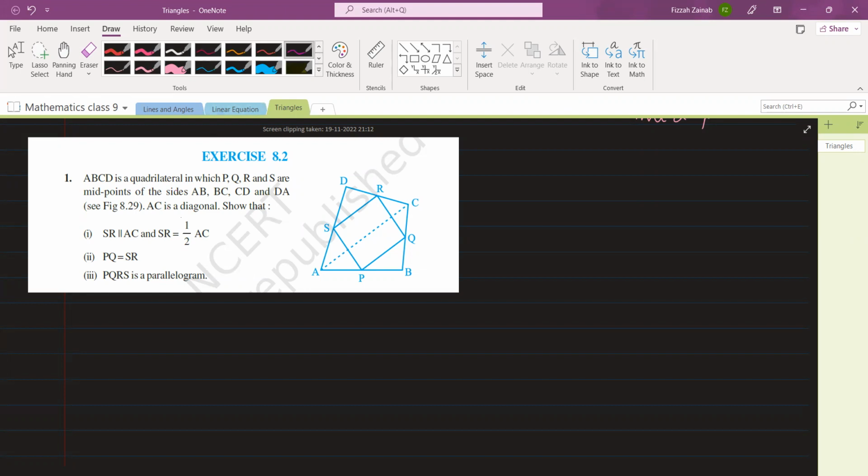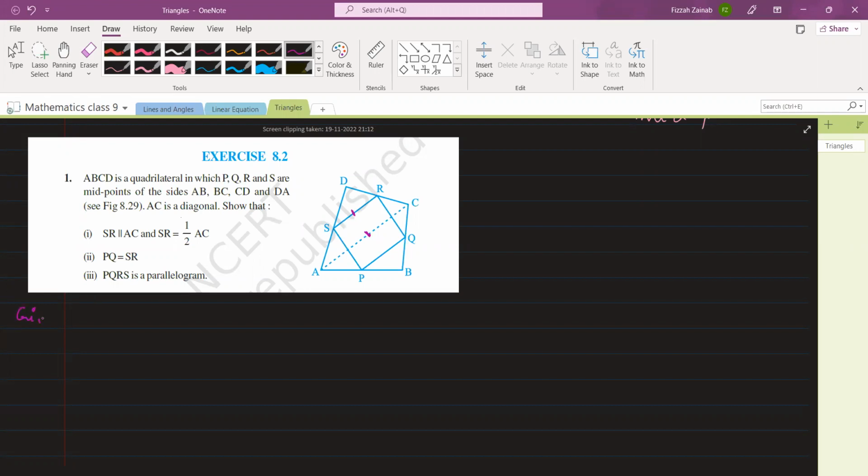So what is it saying? ABCD is a quadrilateral, in which P, Q, R, S are the midpoints. And AC is a diagonal. Now show that SR, that means this side, is parallel to AC, that means this, and SR is half of AC also. So one by one, let us see.